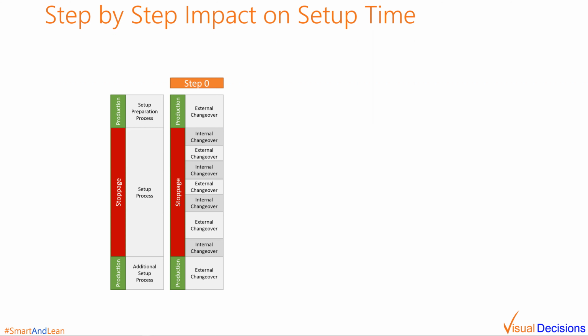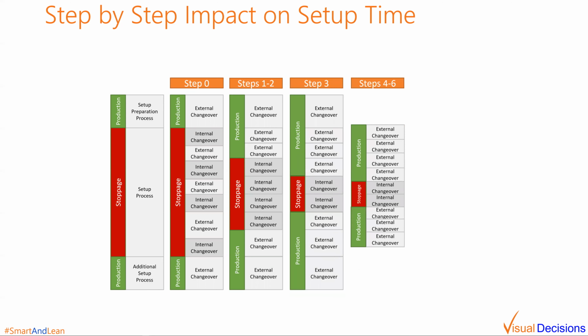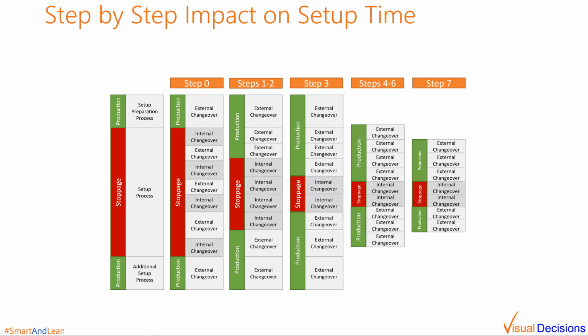Then we reorganize those activities so that we do all of the internal changeover activities in sequence, so that the external changeover activities can be done while we're still running the old product or while we're starting up production on the new product. Then there are additional steps: improving those activities, eliminating activities, and then standardizing and maintaining the new changeover routine. That will help us dramatically reduce all of these different things.